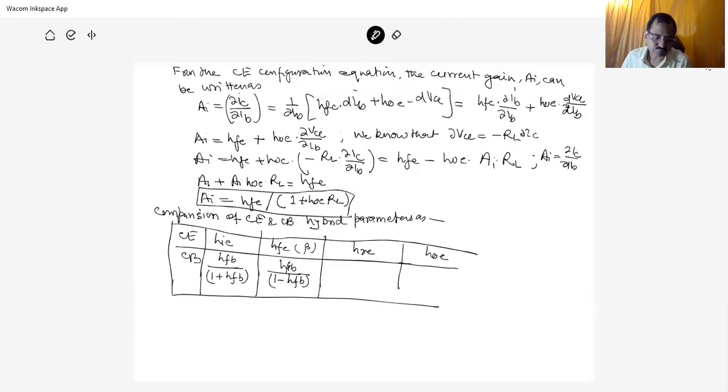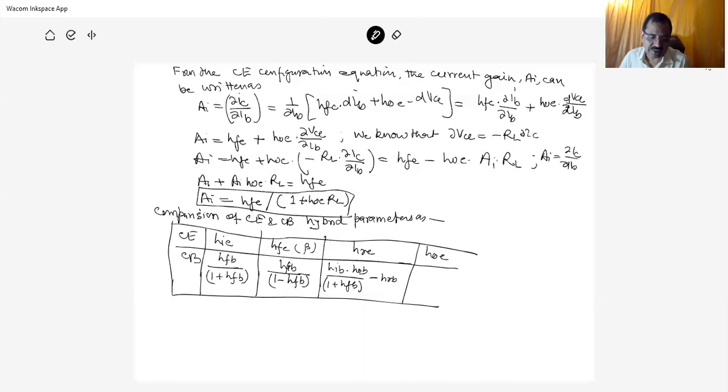HRE is HIB into HOB upon 1 plus HFB minus HRB, this factor.